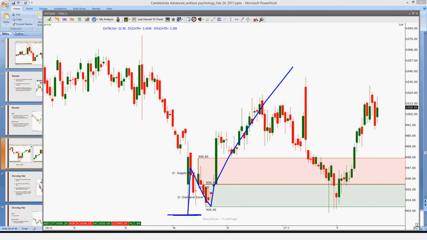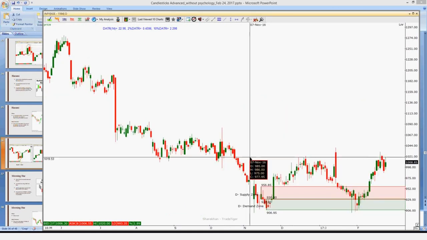Now there are two ways to take this trade. Firstly, you need to understand that if you are not having a very clear opposite source of engulf, then you look at it this way: I took this trade and my stop loss was below that green candle, but I exited early.